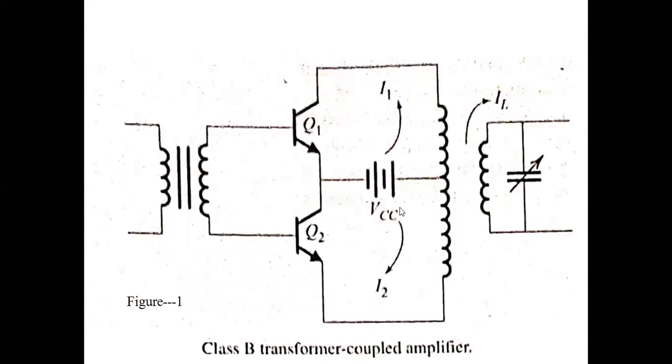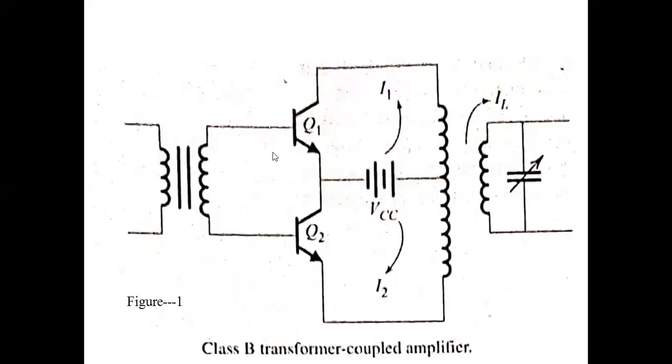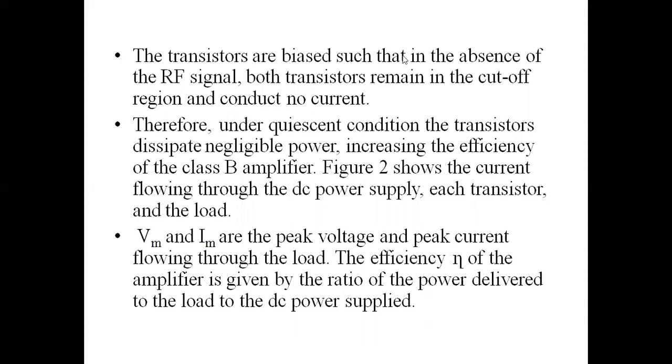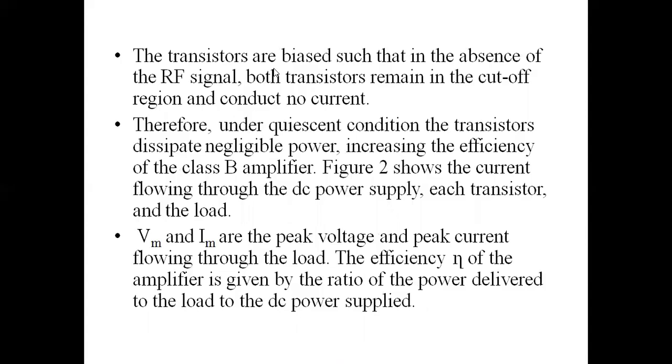This is the diagram for the class B transformer coupled amplifier, which uses two transistors, the supply voltage VCC, currents I1, I2, and load current IL. The transistors are biased such that in the absence of an RF signal, both transistors remain in the cutoff region and conduct no current.